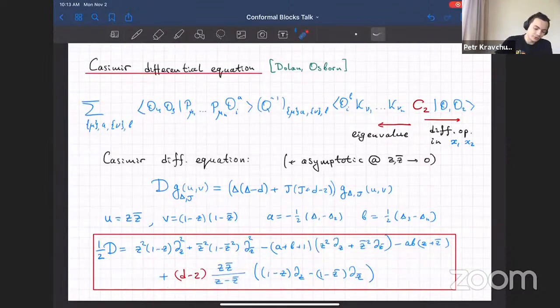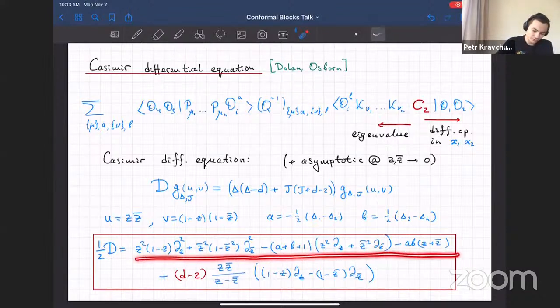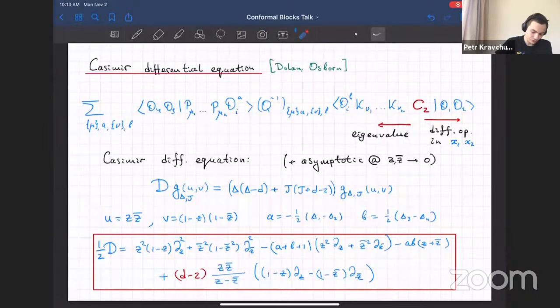The important feature is that the first line of this equation is factorized between z and z-bar: you have expressions in z plus expressions in z-bar. However, the last term in the second line mixes z and z-bar. You have this z times z-bar divided by z minus z-bar, and it comes with a factor of d minus 2.